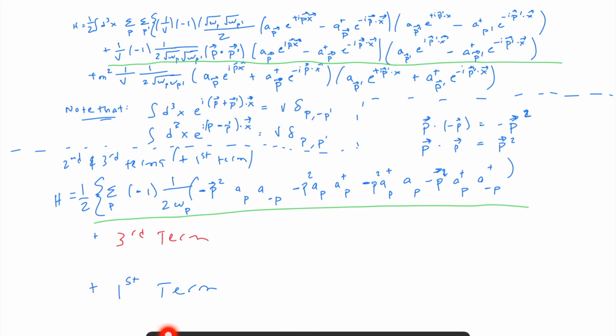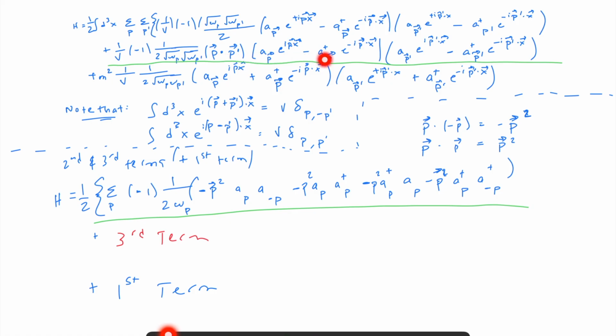So just take your time and go through this. It's exactly what we showed on the other slide, but it's worth doing it again because it is kind of tricky. Here you have to be careful. You have a p dotted with the p prime, and if you have a situation where you get a delta function with p and a negative p prime, you have to remember to turn this to a negative p. It's going to force p prime to equal negative p, and in those terms you get this negative sign over here.